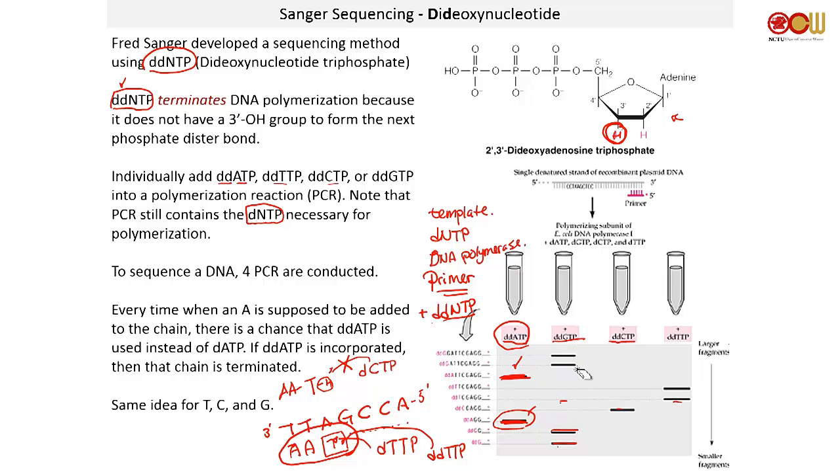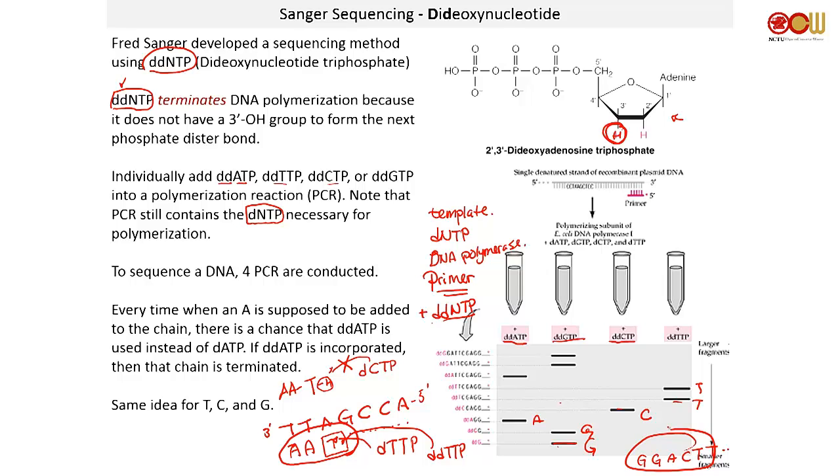And if you have good resolution, your sequence would be G, G, A, C, T, T, and so on. There you have it. That is the sequence for your particular segment of DNA.